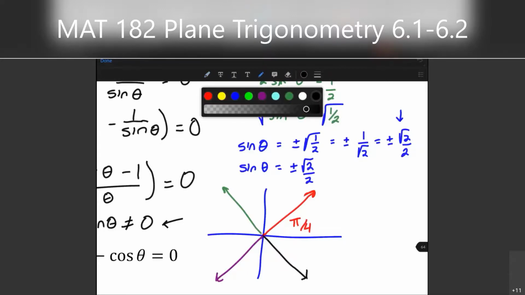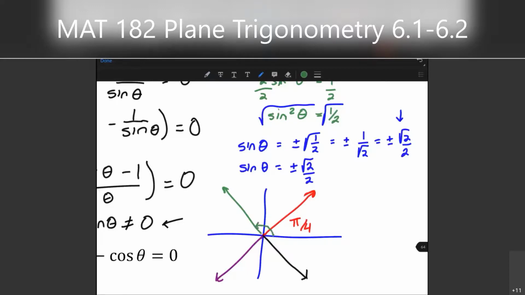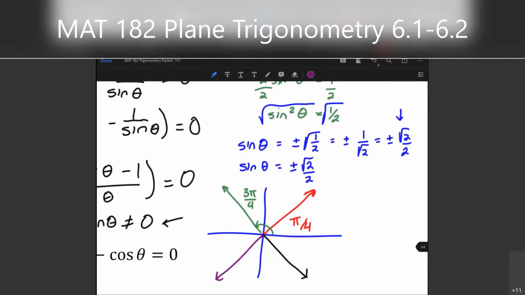What would be our green angle solution here? Yep, that is 3 pi over 4. Excellent. How about the purple? That is, yep, 5 pi over 4.